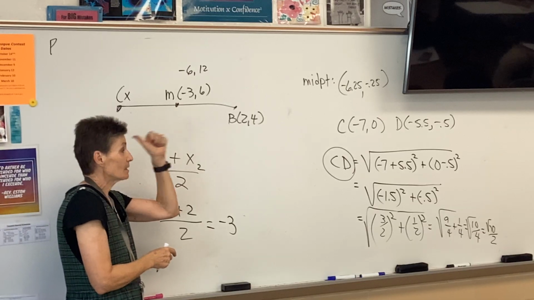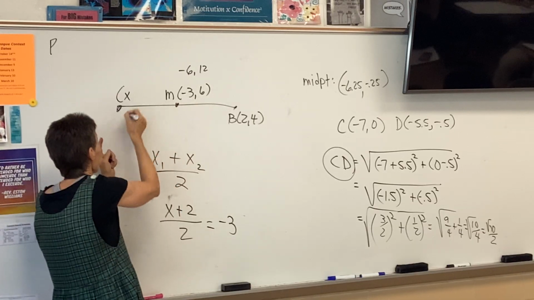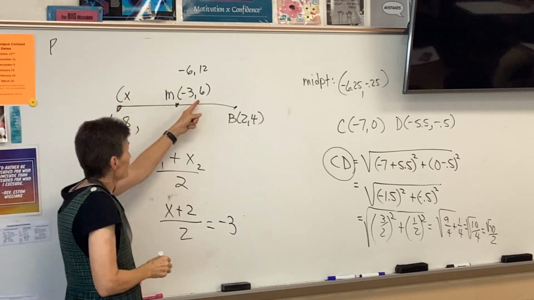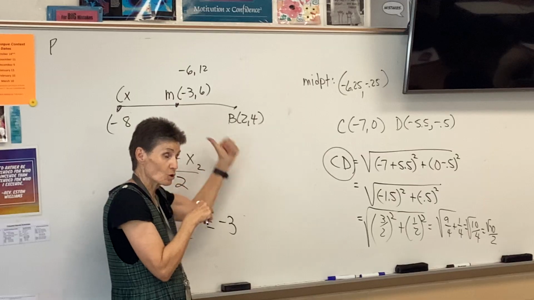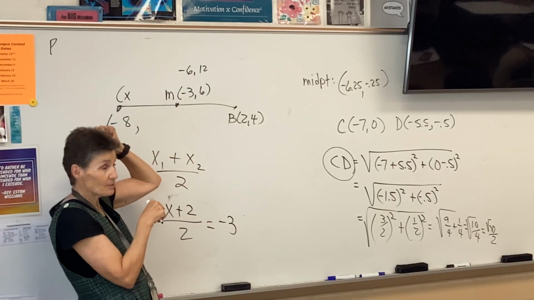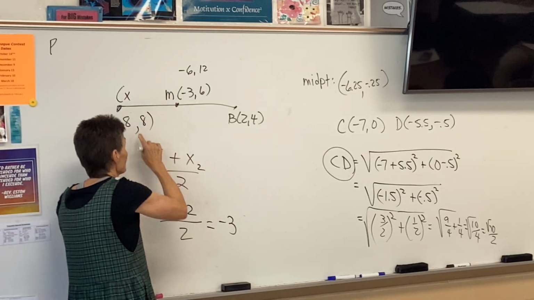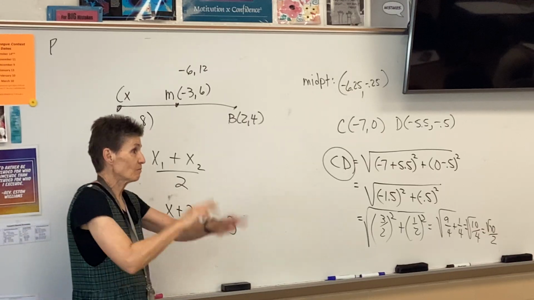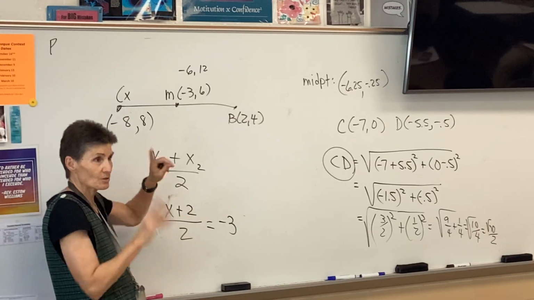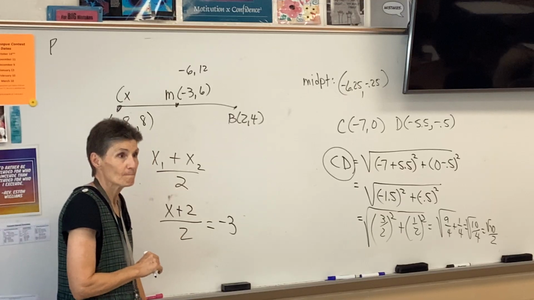Back 5. So negative 3 minus 5. And then 6 to 4 is back 2, so I need to go ahead 2. That's how I need to go. But that's fine. What he said was fine. As long as you got that answer, okay?